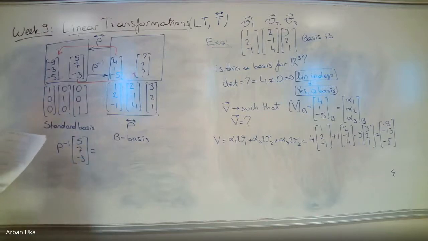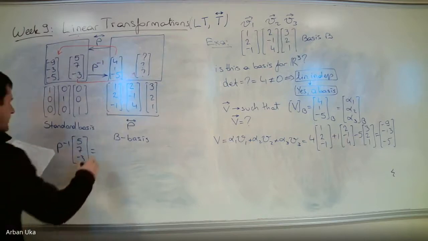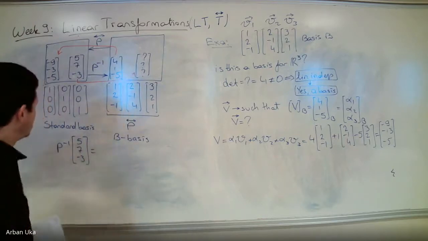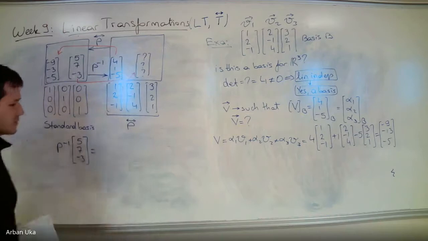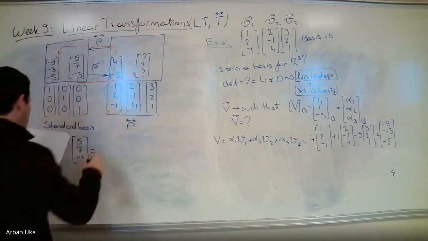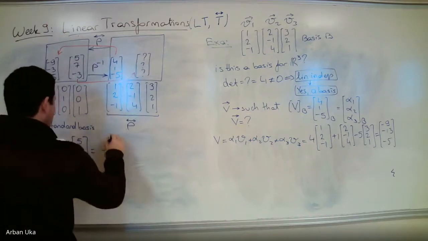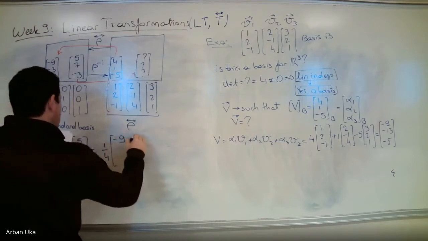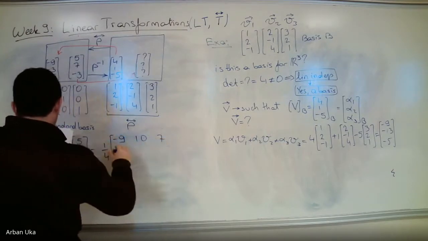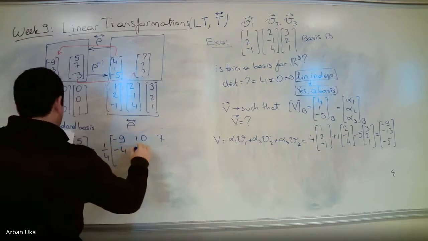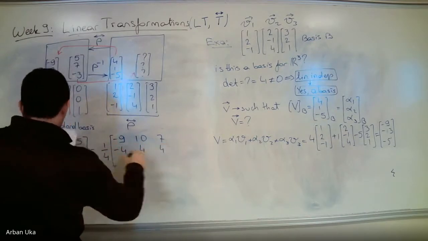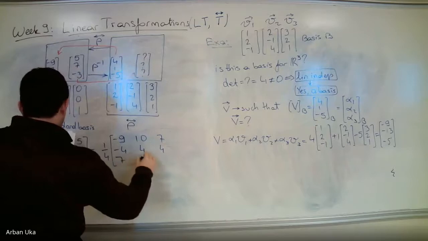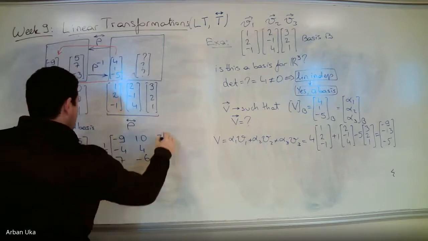Now the P inverse is, this is the B basis, we know that much, but the P inverse is equal to 1 over 4, because that's what the determinant is, minus 9, 10, 7, minus 4, 4, 4, 7, minus 6, minus 5.